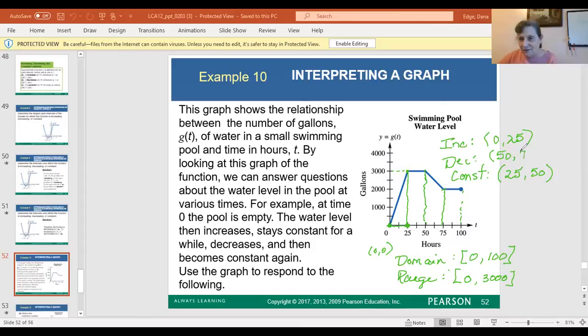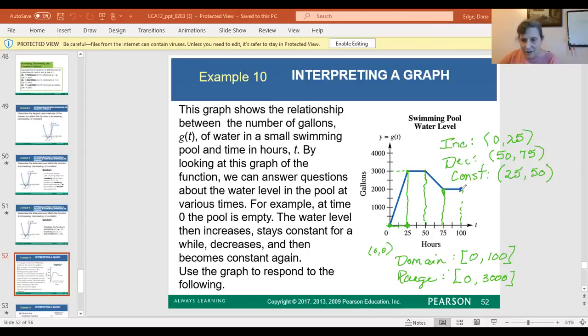So 50 to 75 is an interval of decrease. As the X increased from 50 to 75, the Y values decreased. They're not interested in the fact that they went from 3,000 to 2,000. They are only interested specifically, as far as numbers, in the X values.